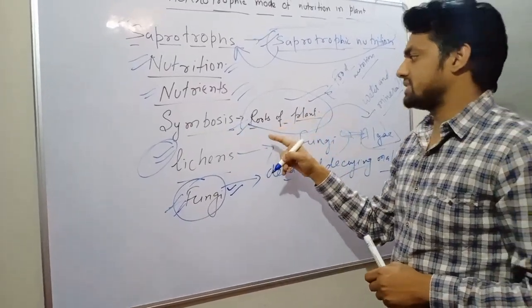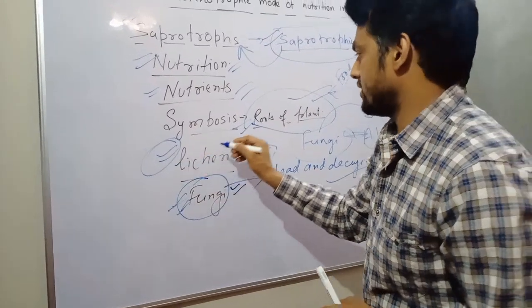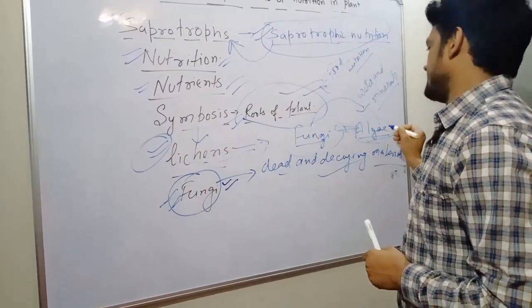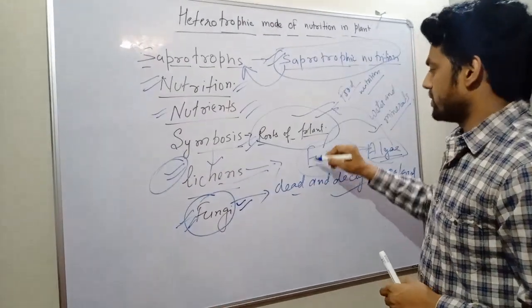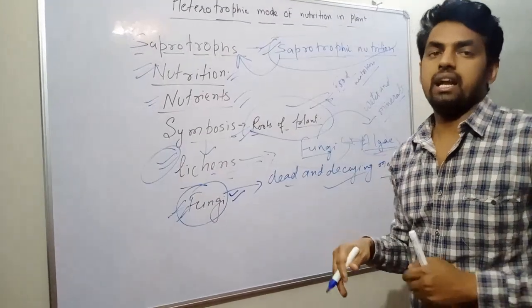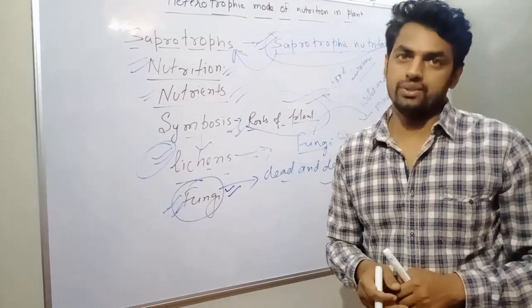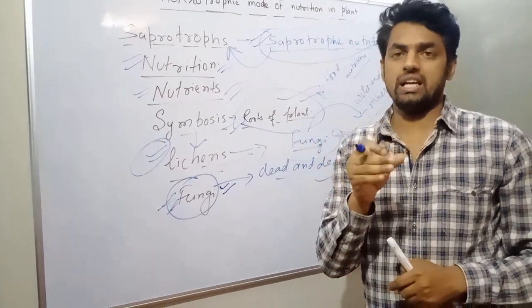In lichen, both fungi and algae are found, and they share and live together and fulfill each other's needs. Okay? If you have any doubts, you can ask me questions.